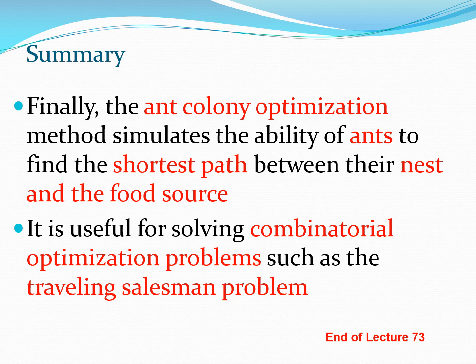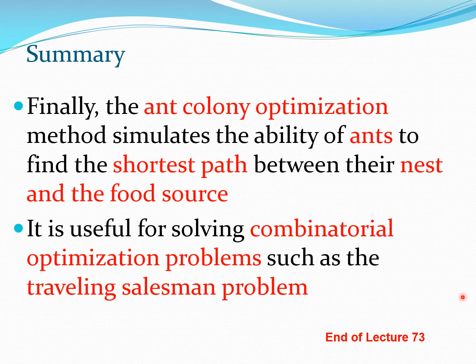Finally, we looked at the ant colony method, which is based on simulating the capability of ants to find the shortest path between their nest and the food source. A scientist named Dorigo looked at this and developed the method, which also led to the ant system. This method also let us introduce the traveling salesman problem, an important problem in combinatorial optimization.